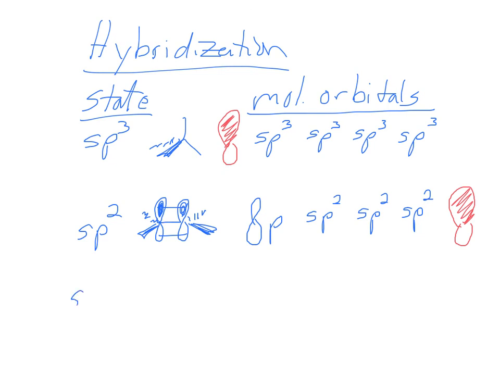The last one would be an sp orbital. Now this one has 2 pi bonds, and this is associated with an alkyne.